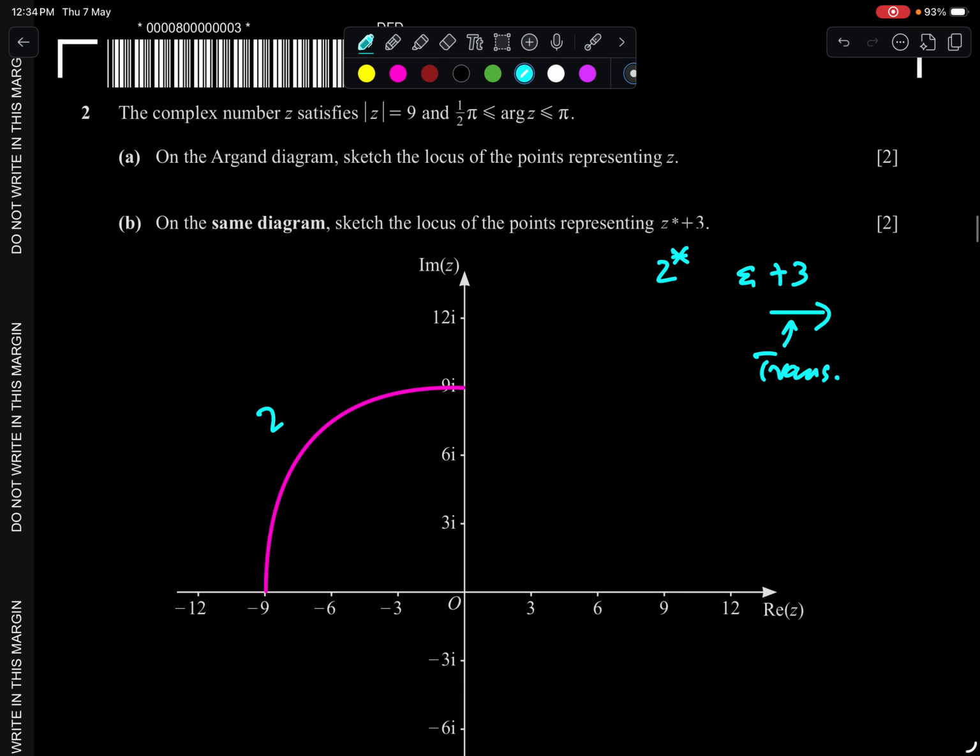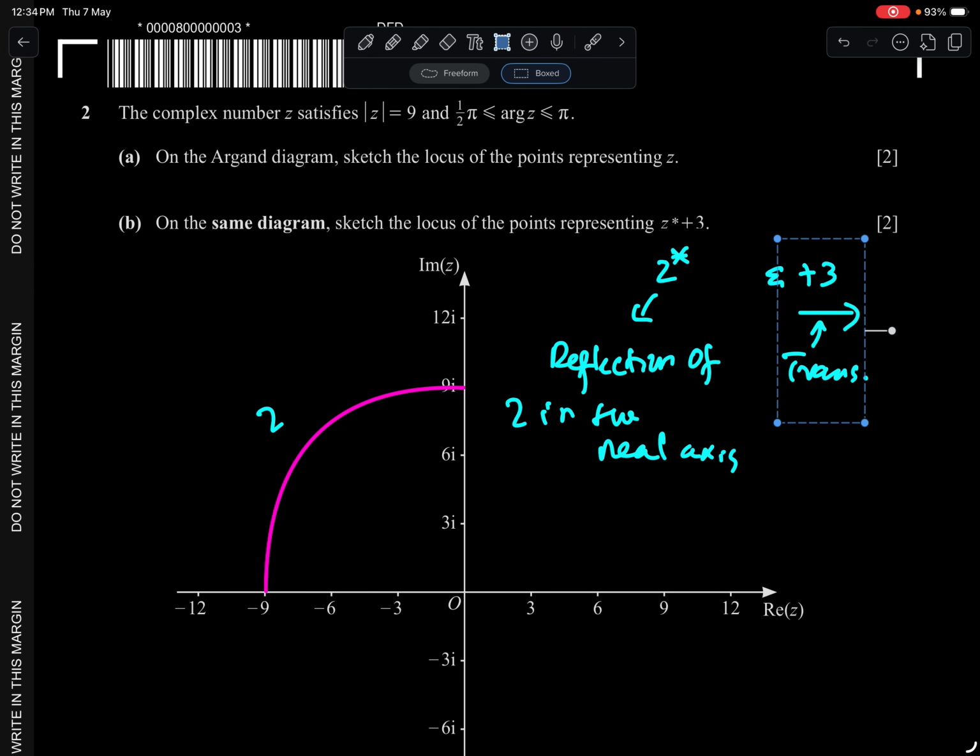And z star means the reflection in real axis. Reflection of what? Reflection of z in the real axis. I wrote these things just for your conceptual clarity.